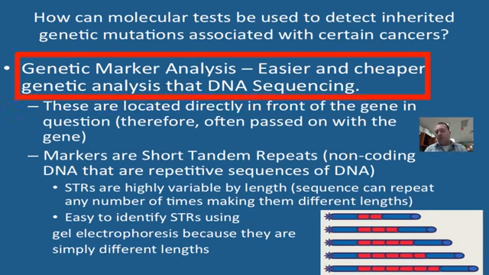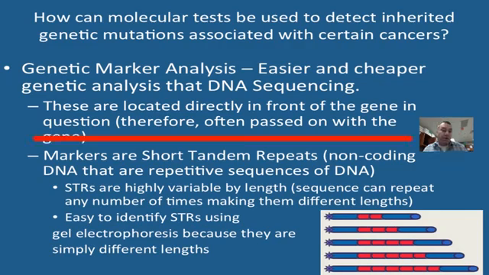Now, markers deal with a segment of DNA that's right in front of the gene, and they're therefore often passed on with the gene, so they're used as a way to look at if you have the special allele. Now, the markers are short tandem repeats. This is repetitive sequences of DNA.